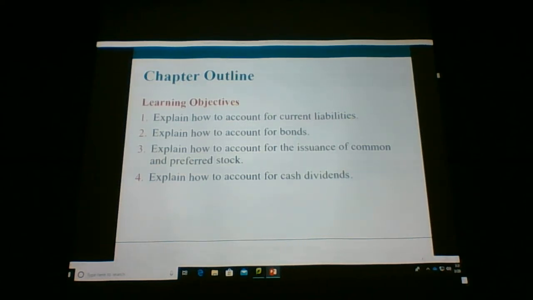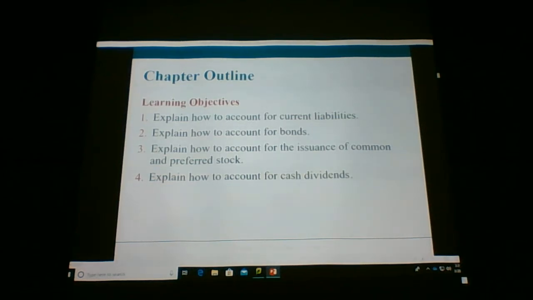objectives for the chapter. We are going to spend some time on current liabilities. We're going to very briefly talk about the concept of bonds. Bonds are a type of long-term liability, so they're usually not going to be a current liability.